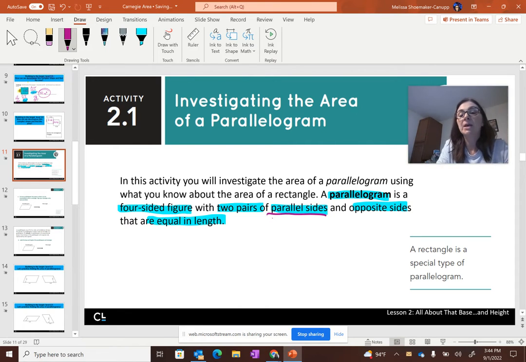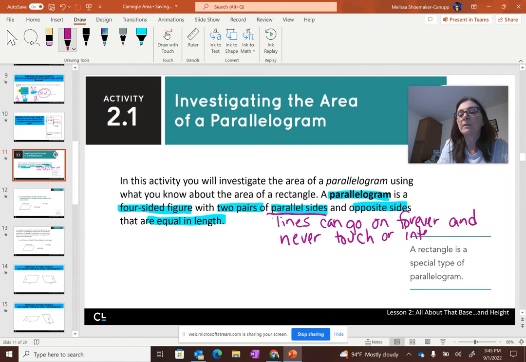Parallel means the lines can go on forever and never touch or intersect. That's the fancy word for touch in math.